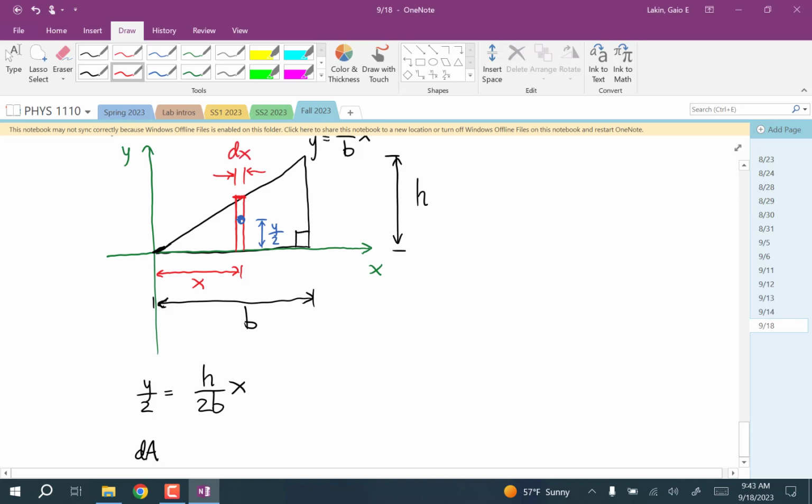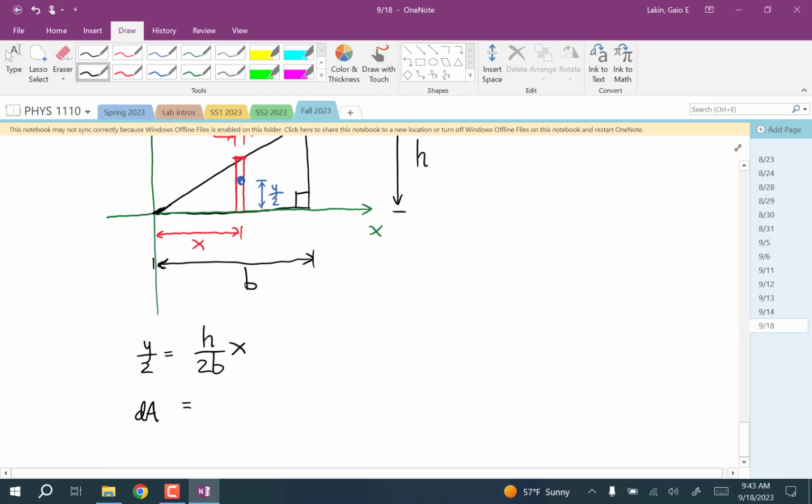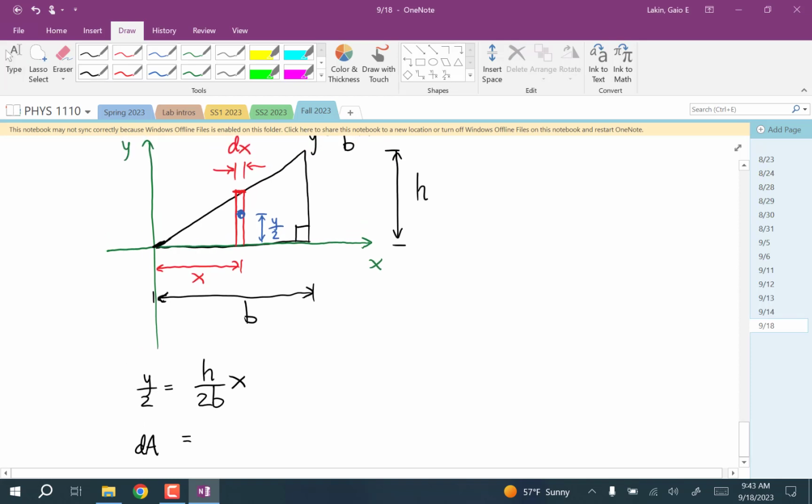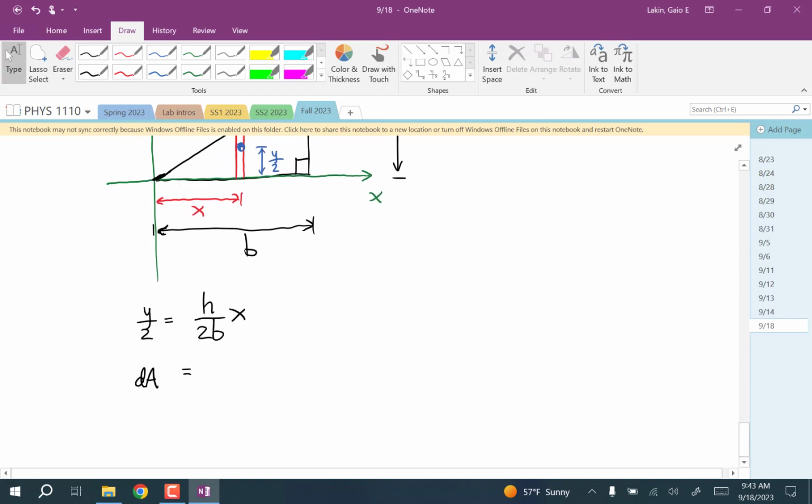So we're re-expressing all this in terms of the variable x so we can integrate it. Okay, so our dA is going to be the height of the whole rectangle times dx. So that is going to be h over b x times dx.